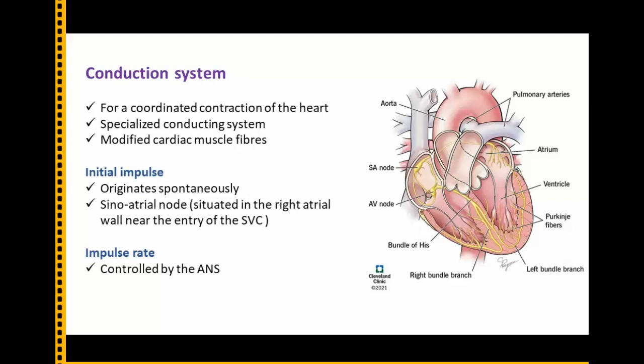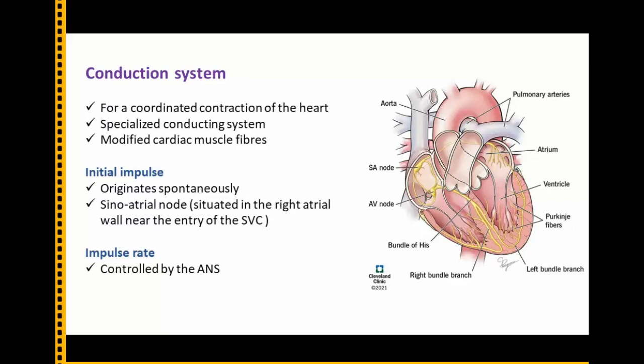This sinoatrial node is here in the right atrium near the entry of the superior vena cava. The impulse rate generated by this sinoatrial node is controlled by the autonomic nervous system. That is why, with how your autonomic nervous system is stimulated, your heart rate goes up and down.